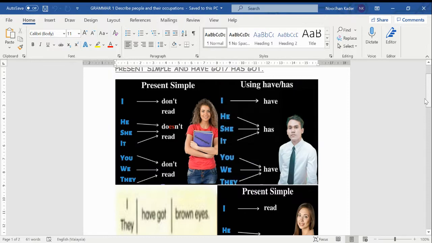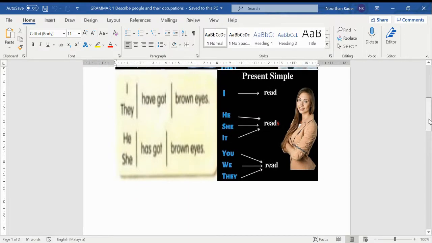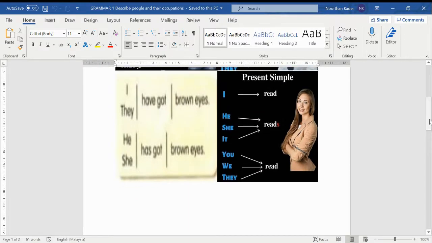Just now we had don't and doesn't because it was in a negative form, but here we do not have don't and doesn't because this is a positive form. That means when it's true, if you say you are reading, if you read, that means it's positive. If you don't read, then that's negative.